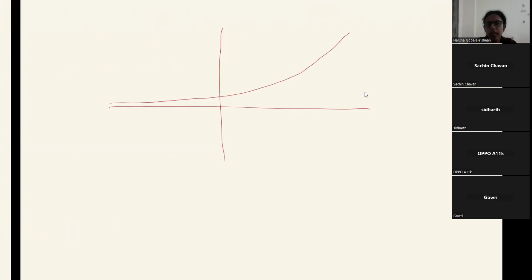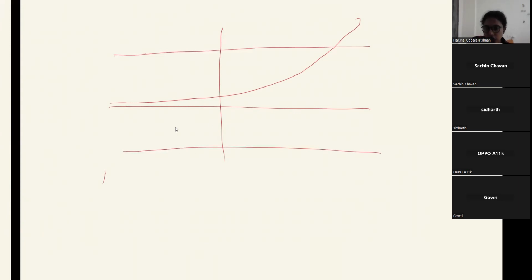Now, if I am having something like this, here also, if I am taking any horizontal line, either it will intersect at one point or not intersect at all.